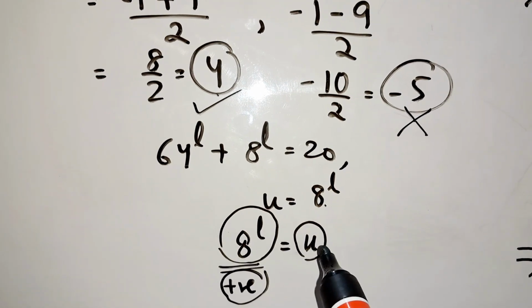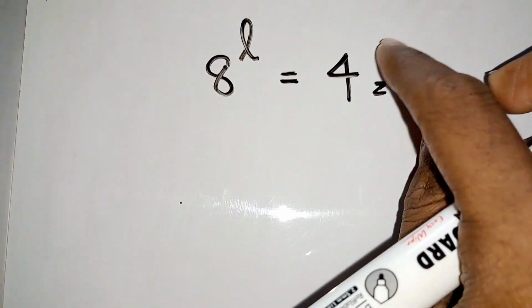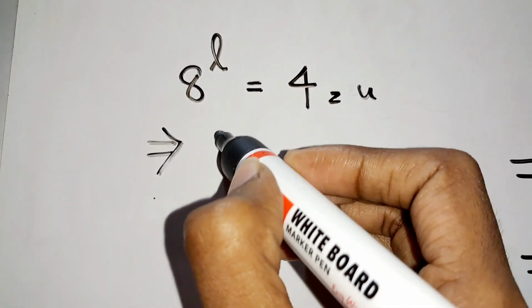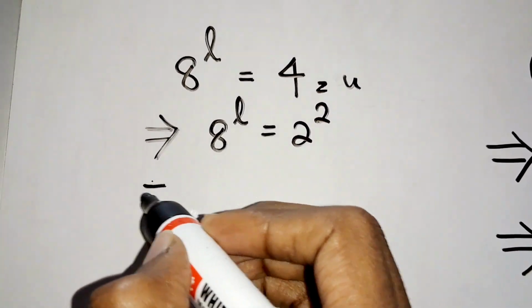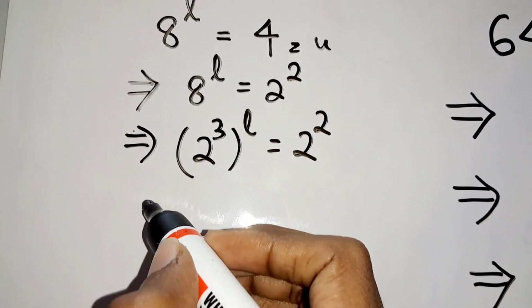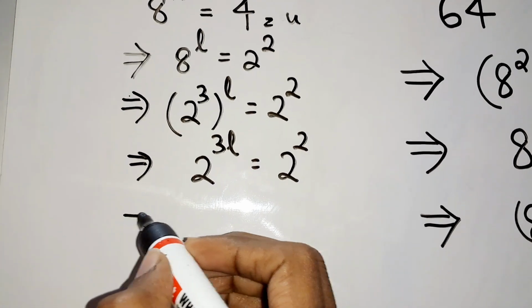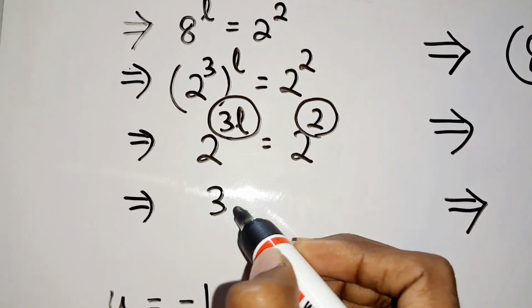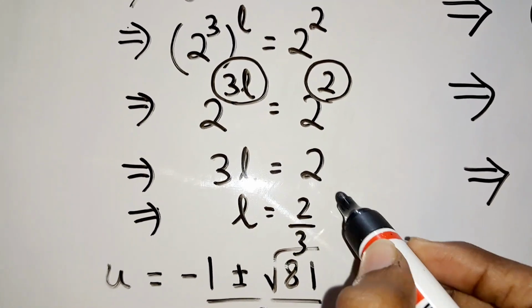So we can substitute 8^L = 4, which is our u, from which we can find L. 8^L = 2^2, and 8 is 2^3, so (2^3)^L = 2^2, so 2^(3L) = 2^2. Because the base is the same, we can equate the exponents: 3L = 2, which implies L = 2/3.